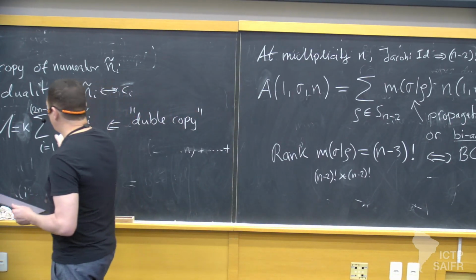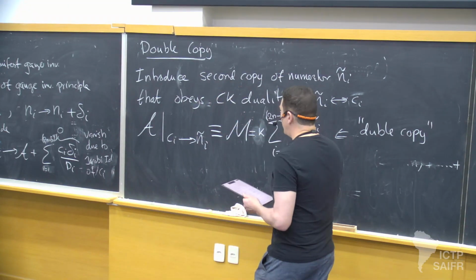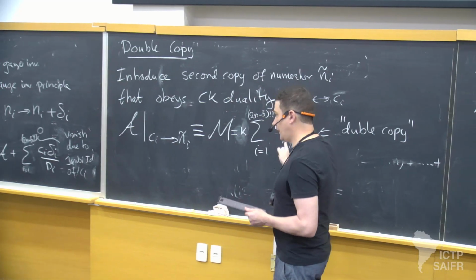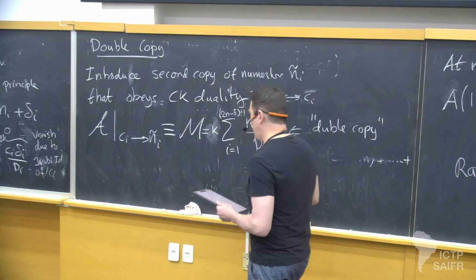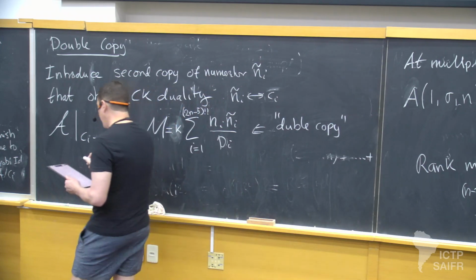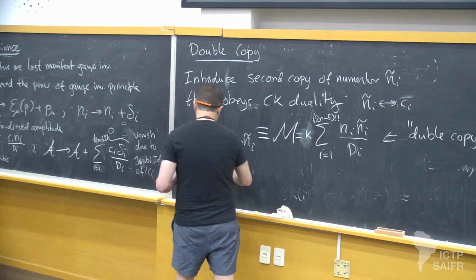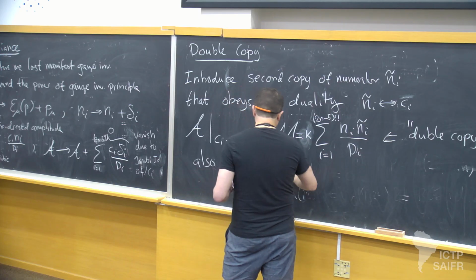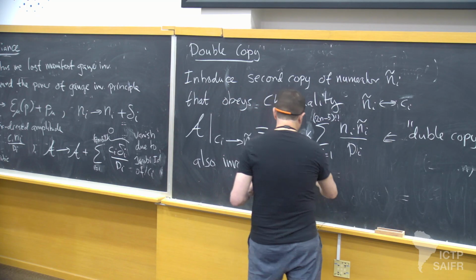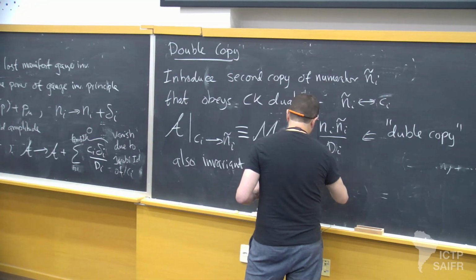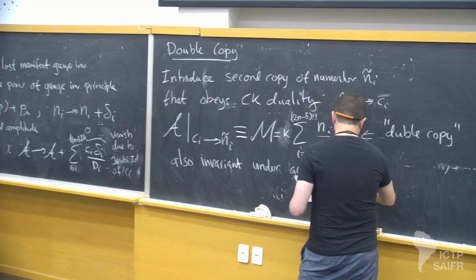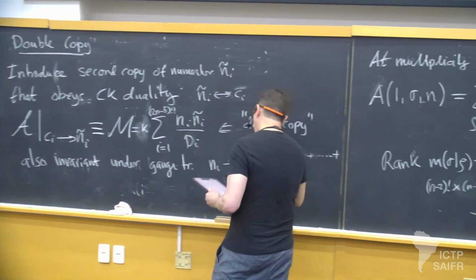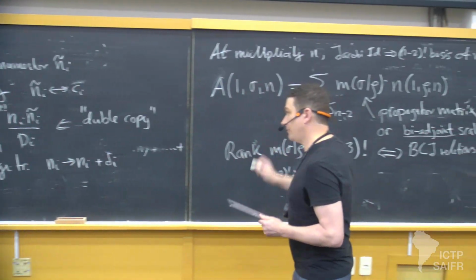And because of what we were just arguing over here, this amplitude, whatever this is, will inherit similar properties as the gauge theory amplitude. So this is also going to be invariant under gauge transformation, where Ni goes to Ni plus delta I. So let's just say we're transforming just the Ni's, never mind what happens to the Ni twiddle.